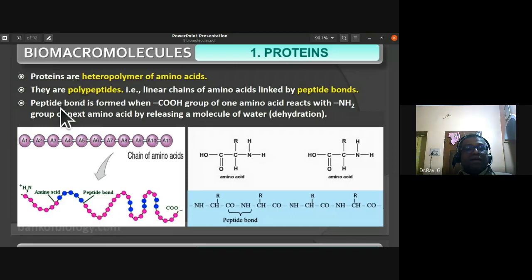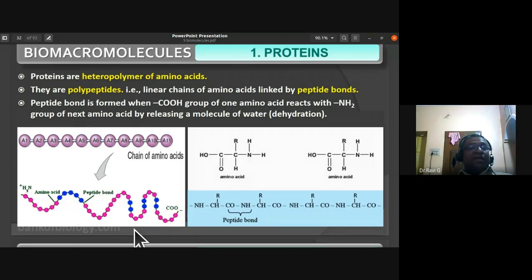Okay, and they are polypeptides, that is linear chains of amino acids linked by peptide bonds. So the proteins are also called polypeptides since they are linear chains of amino acids which are linked by peptide bonds.